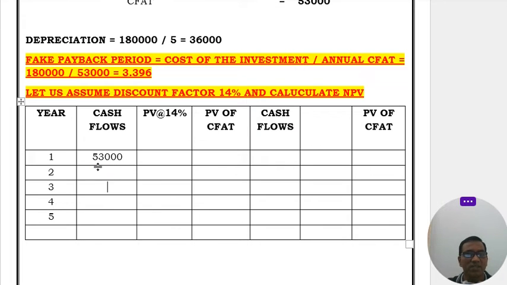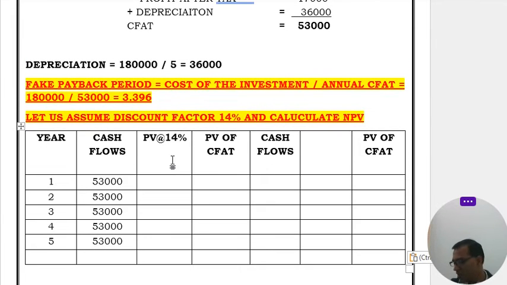Every year 53,000 is the annual cash flow.